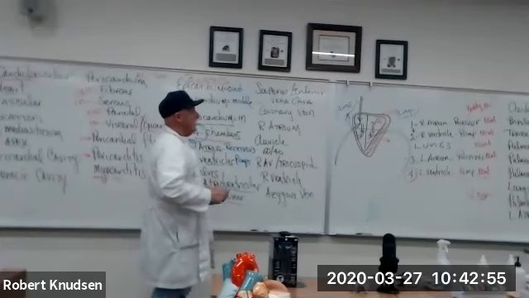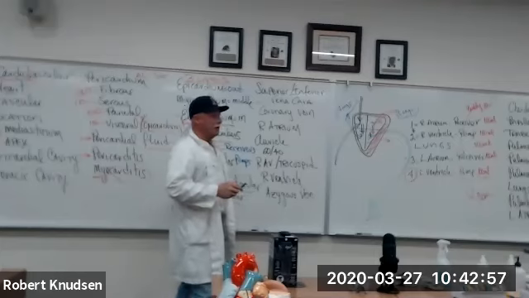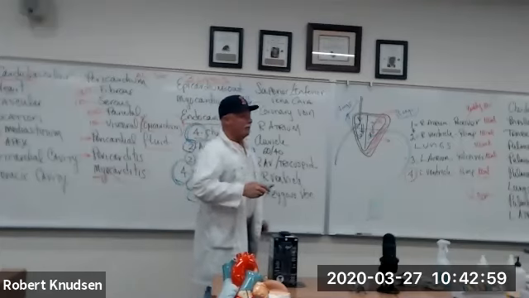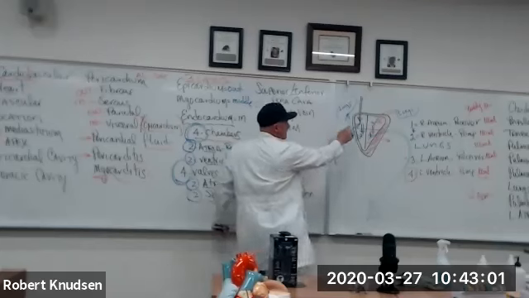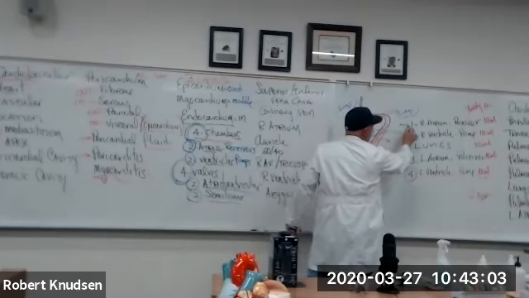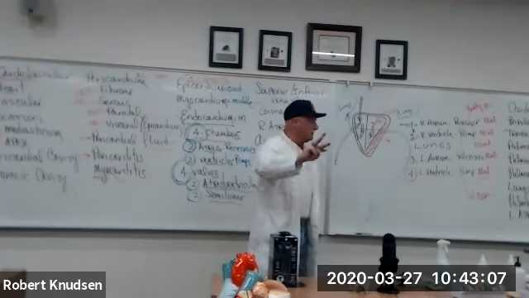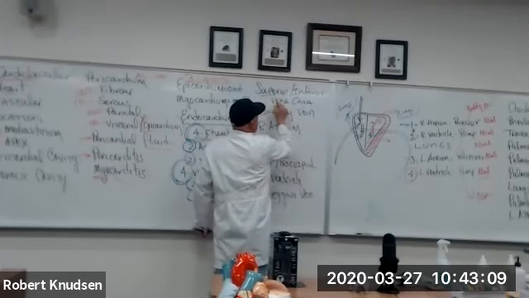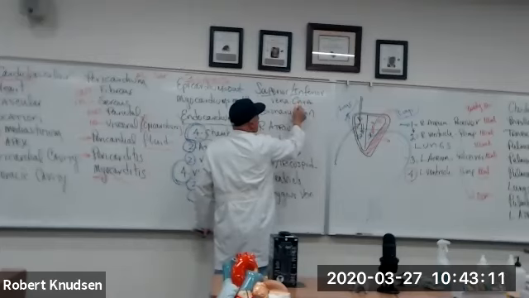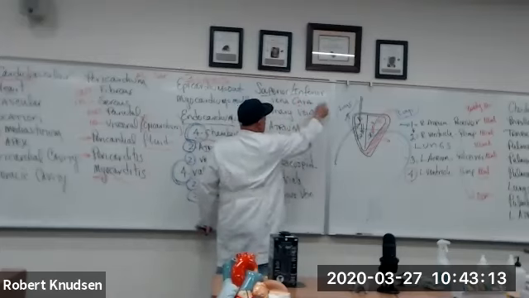Now, all blood returns from the body into the right atrium, which is number 1. And it comes by three major vessels: superior vena cava, inferior vena cava, and the coronary vein.